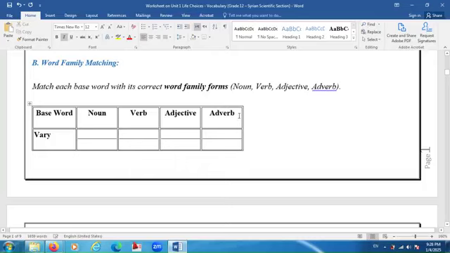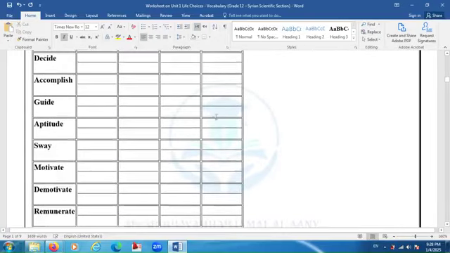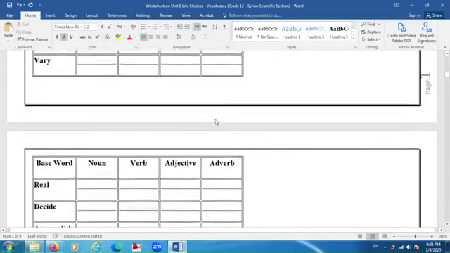Now we will go to question 2. That's a challenge. Word family matching. Match each base word with its correct word form, like noun, verb, adjective, or adverb. It's fill in the gap, by the way.